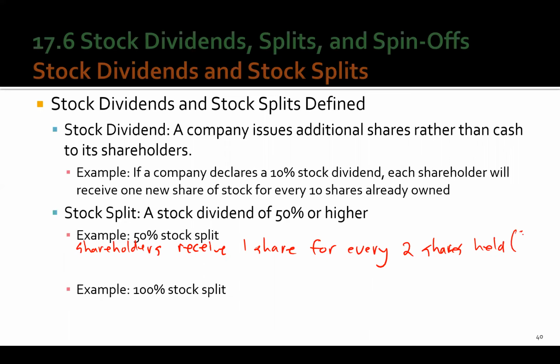So essentially they would have 3 total shares after the split rather than the original 2. The 50% stock split means you're increasing the number of shares outstanding by 50%. Because for every 2 shares of stock that you held pre-split, you hold 3 shares post-split, this is called a 3-for-2 stock split.